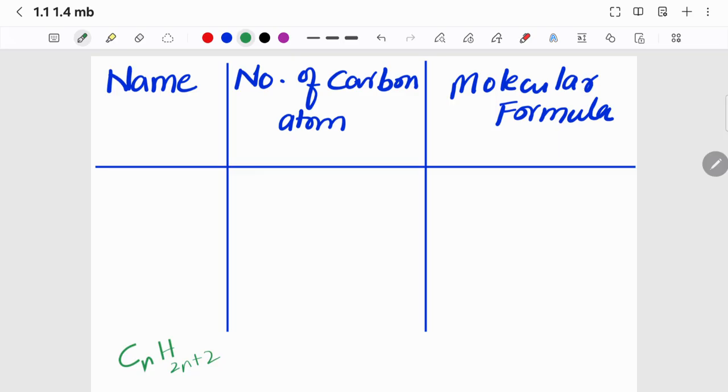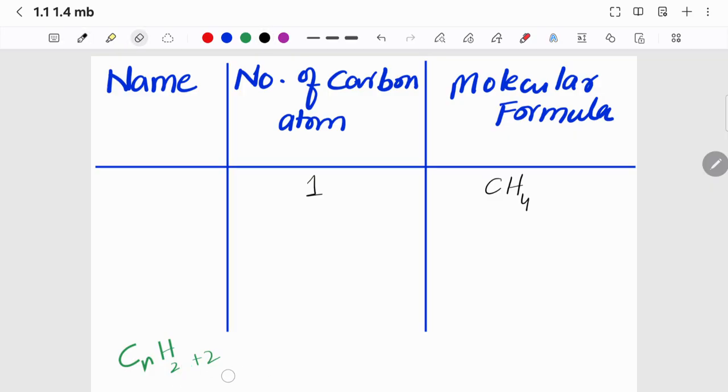Now I will fit the carbon number here, and I will find out what is the molecular formula of that specific alkane. For example, if I have to make the carbon number 1, so instead of N I will write 1, H2 into 1 plus 2, that would be 4. So the molecular formula would be CH4. All right.